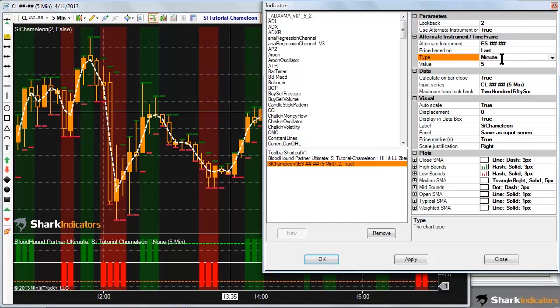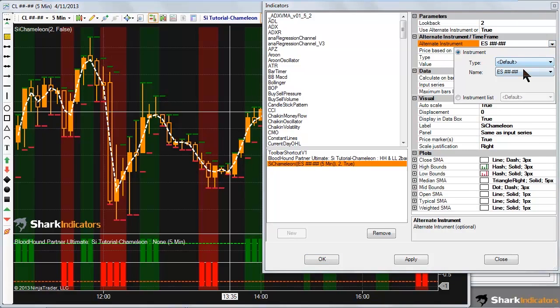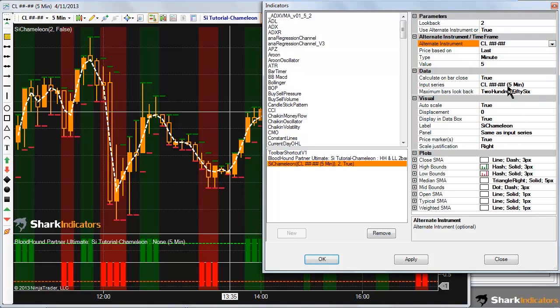So that's how it earned its name, the Chameleon, because this indicator can become any instrument price or time frame. So I could even set this back to the CL and then use it to gather the 5-minute chart data or 15-minute chart data, since my chart is already on the 5-minute.